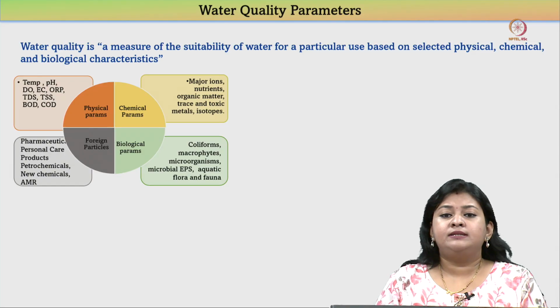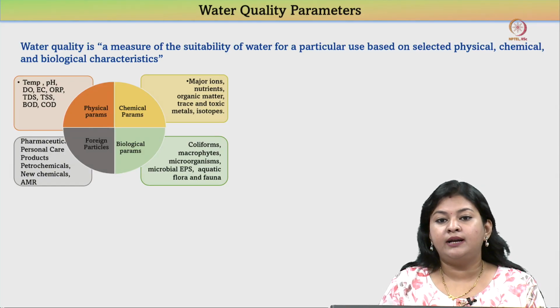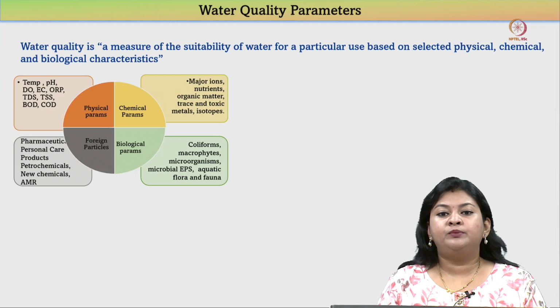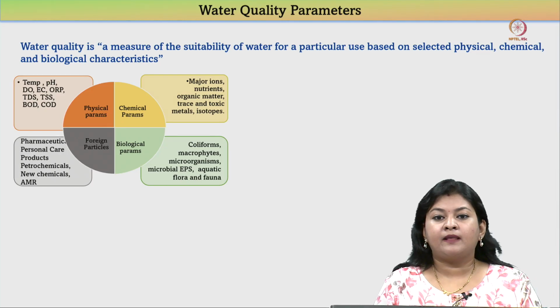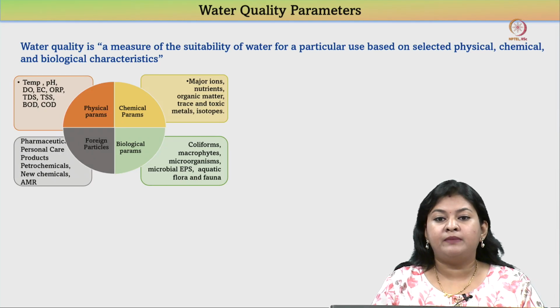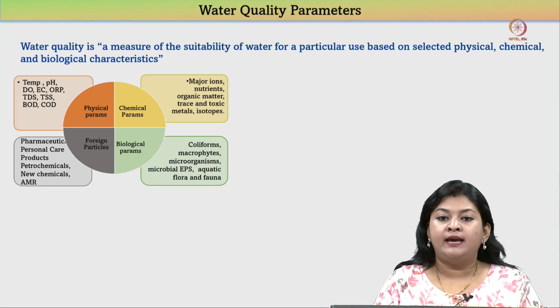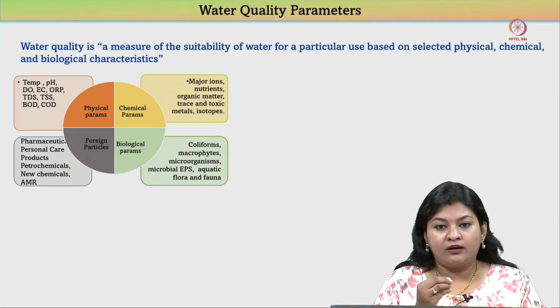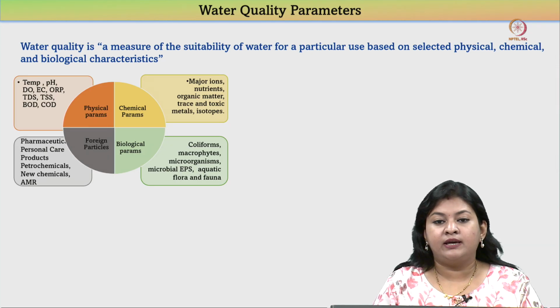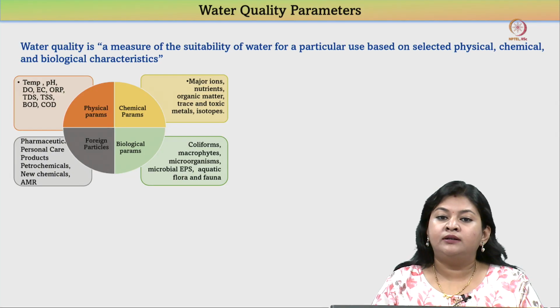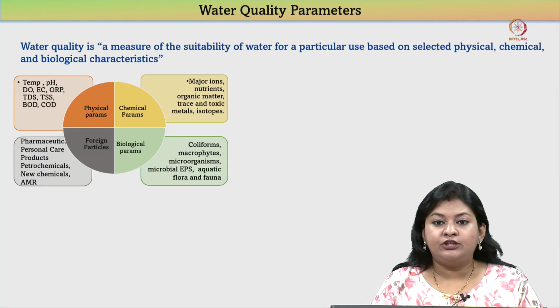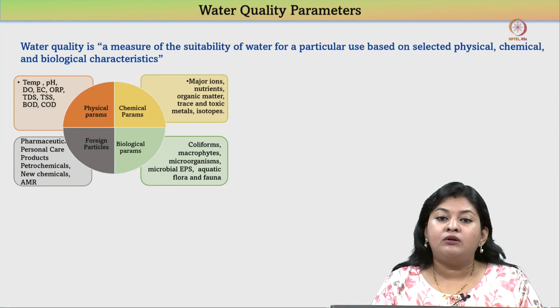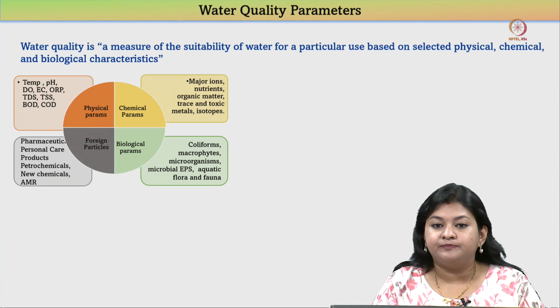For instance, if you are drinking water, you would need balanced water. Balanced means there should not be any taste, any odor, and the chemical constituents, such as calcium, magnesium, iron, all other trace elements, should be such that it is not harmful to your body.